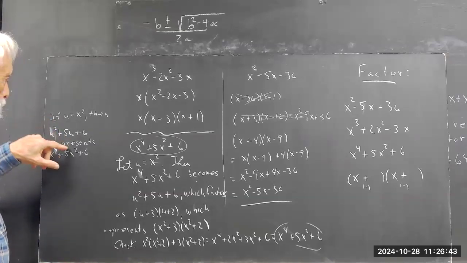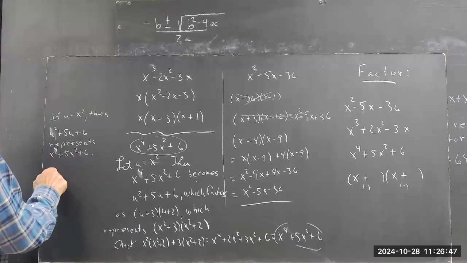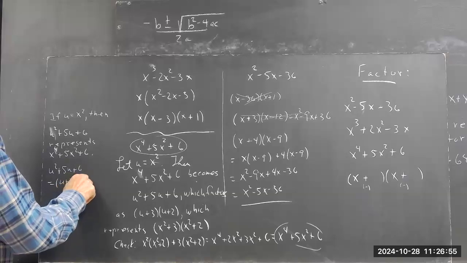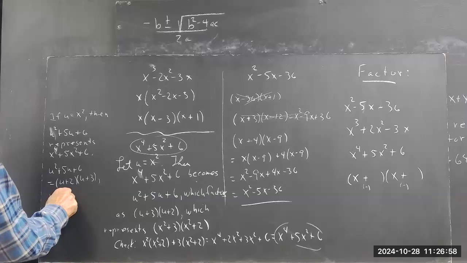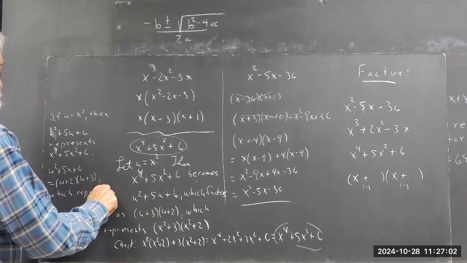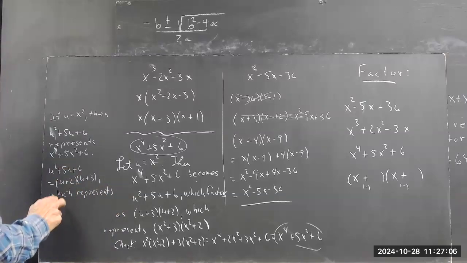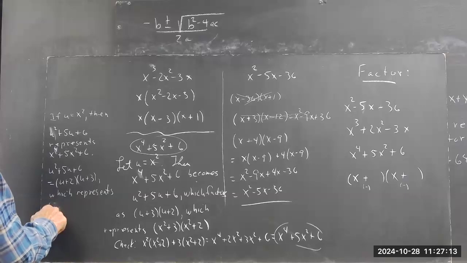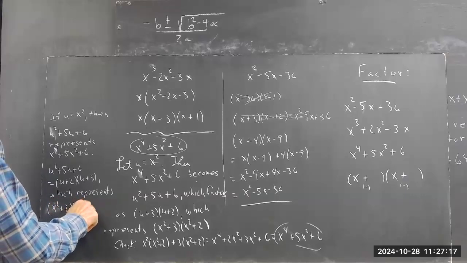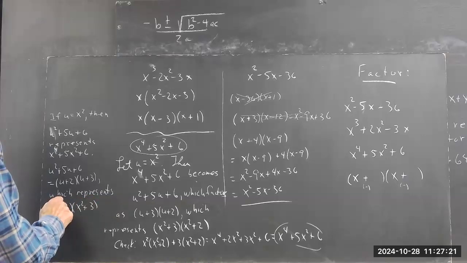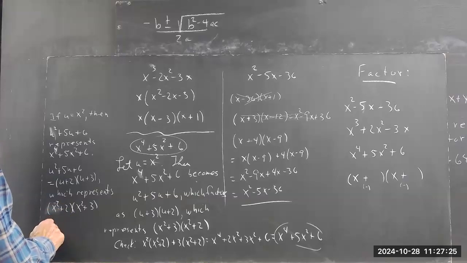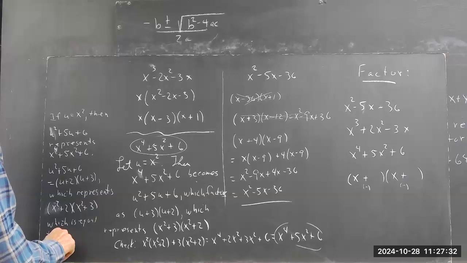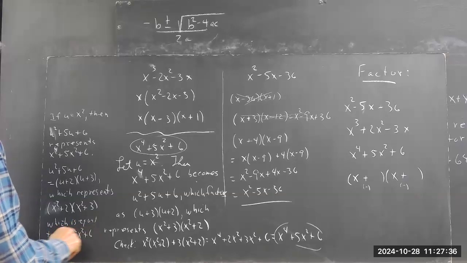If u equals this, then this represents this. u squared plus 5u plus 6 is this, which represents u plus 2 times u plus 3, which is x squared plus 2 times x squared plus 3. Which is equal to our original.